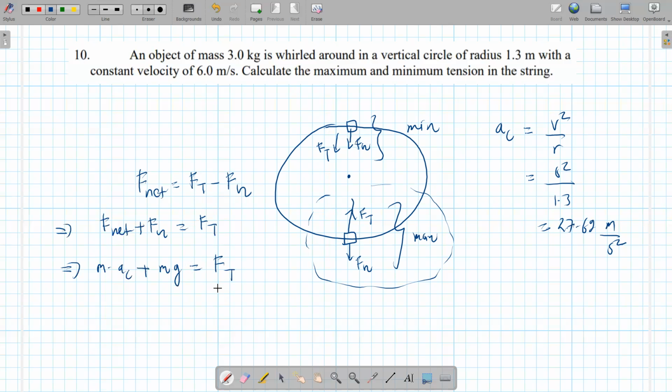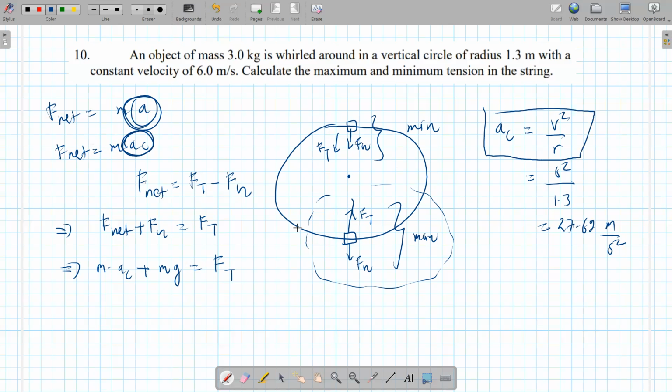F net is always M times A, okay? But when you're doing circular motion, this A becomes AC, the centripetal acceleration, and the formula for AC is this.